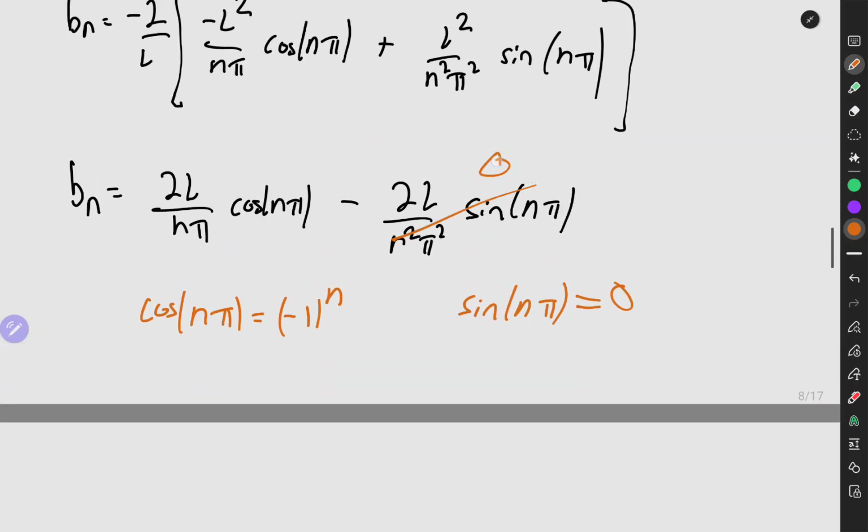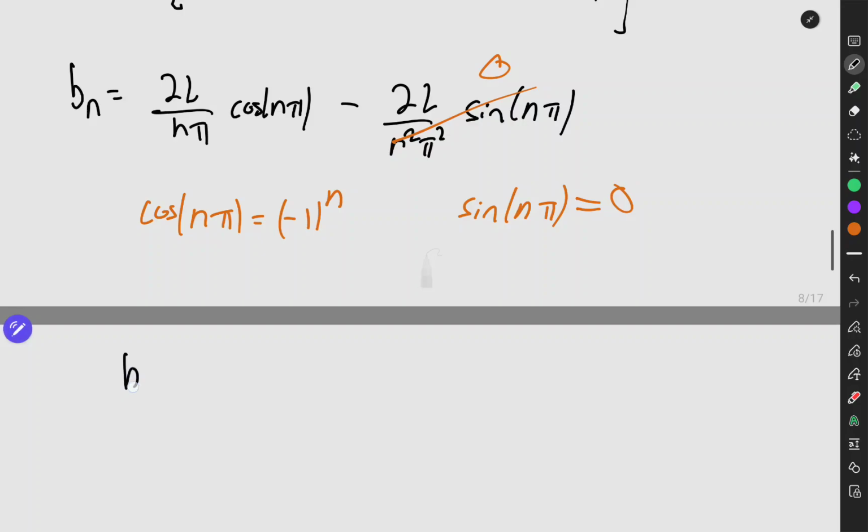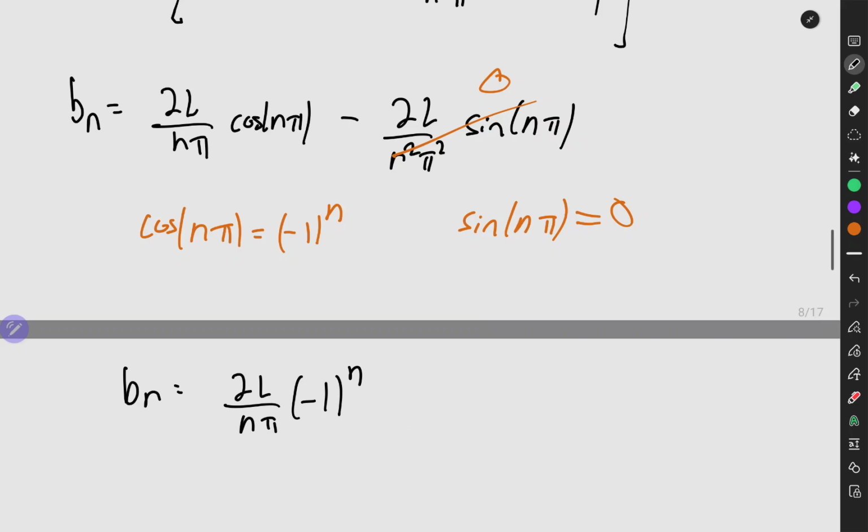So this term goes to 0, and we're left with... Now don't get me wrong, you could absolutely keep it as cosine n pi. Nothing wrong with that. But this is technically the more proper way to write it, because you're not dealing with trig, I suppose. Okay, so now let's take a look.